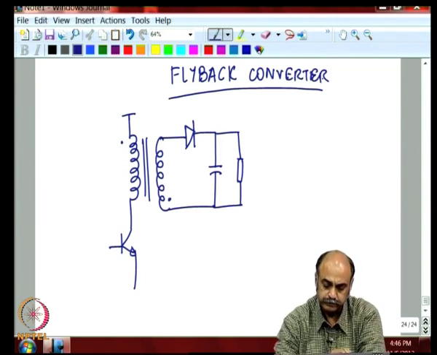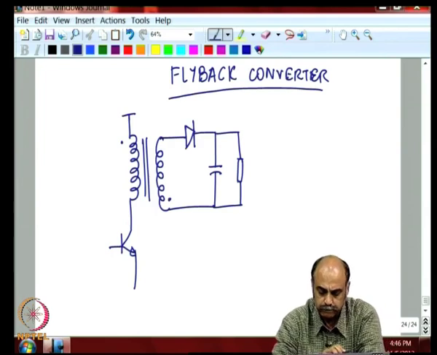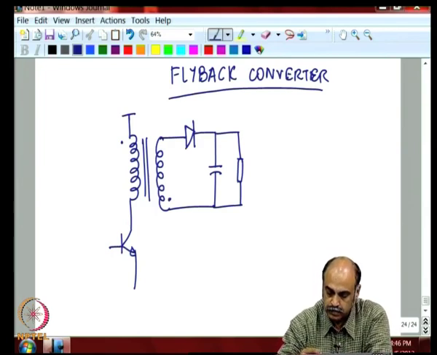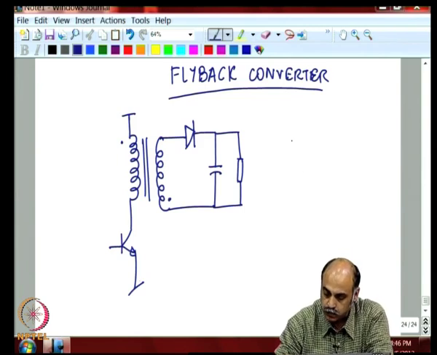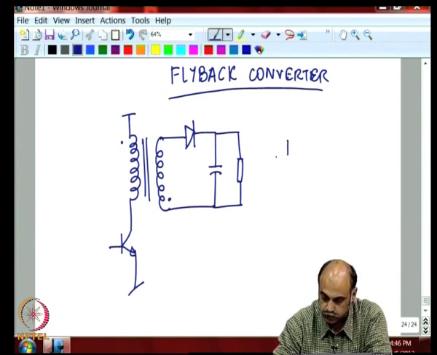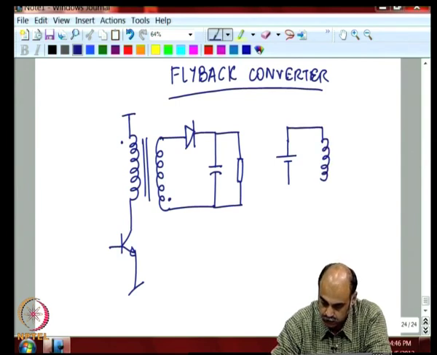Now, you see the similarity. If you are using a non-isolated buck boost, you would have done it like this.